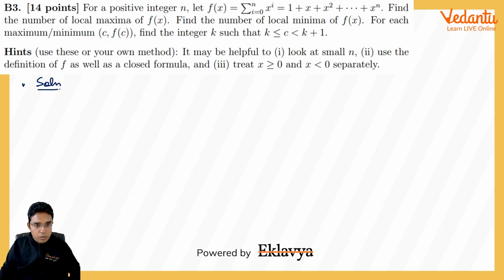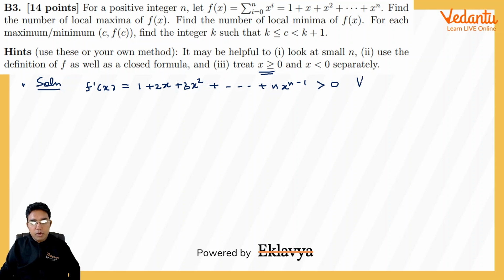Now to do this question, I will first differentiate this f(x), which becomes 1 plus 2x plus 3x square and so on, plus n into x power n minus 1. So as they said, treat x greater than 0 and x less than 0 separately. This f dash is going to be positive for all x greater than or equal to 0.